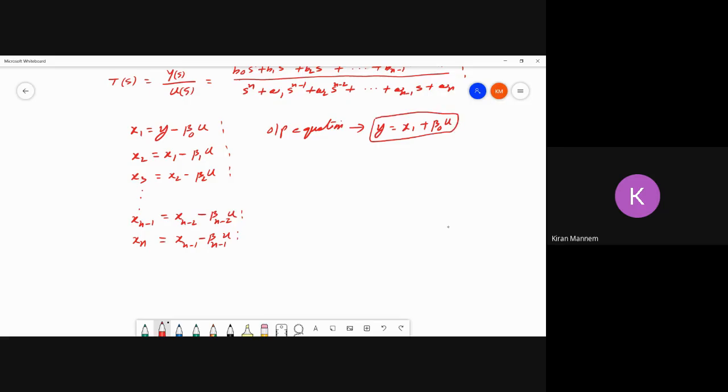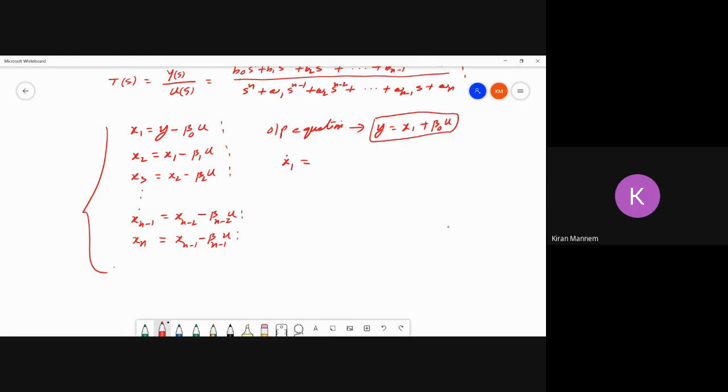Now, what are the state equations? So, how do you get the state equation? We must take the first order differentiation of all these state variables. So, let us take the first derivative. What would be the value of x dot 1?